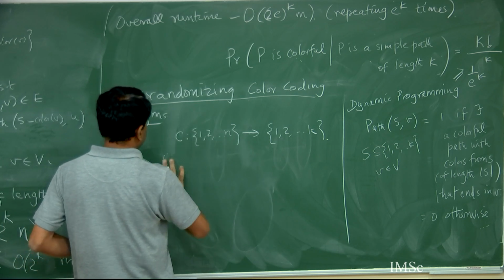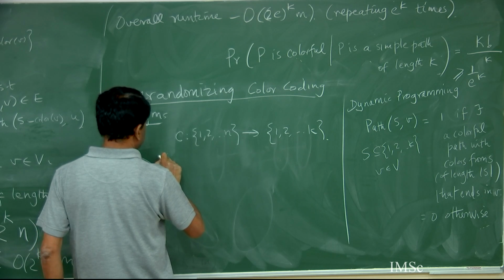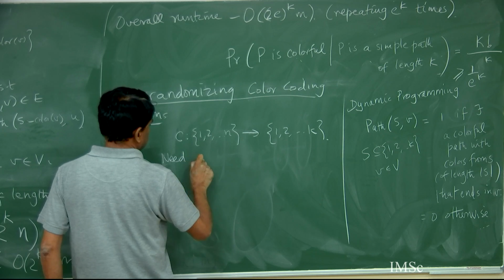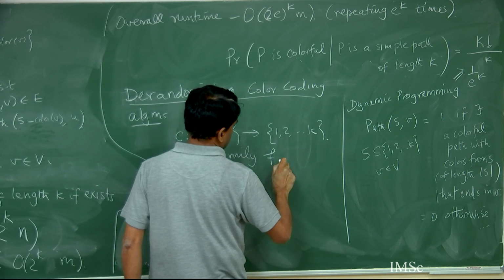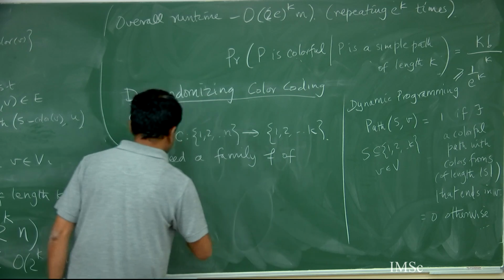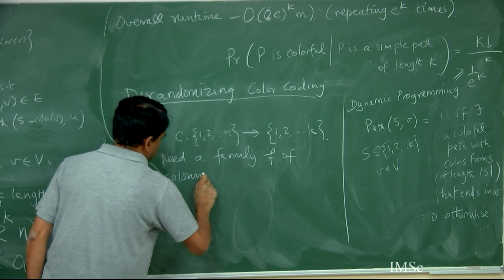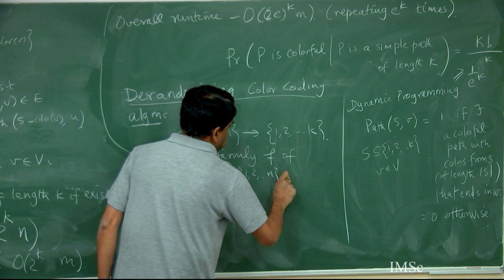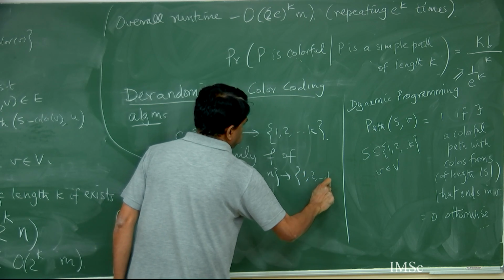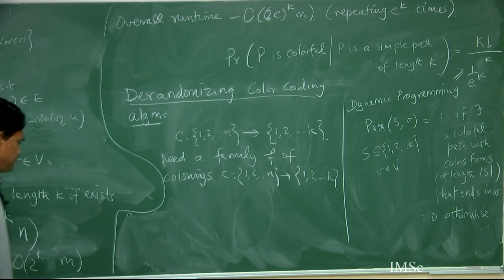So what we need is a family of colorings such that if there is a simple path in the original graph, one of these colorings should actually color them distinctly.